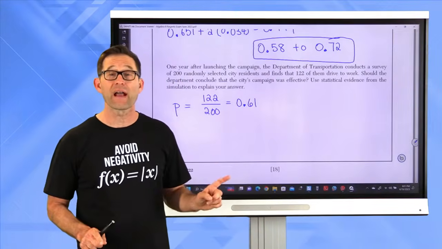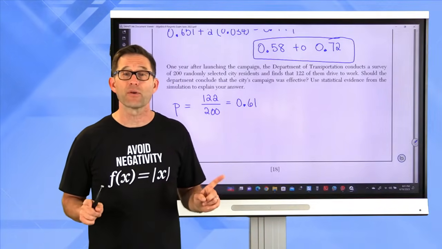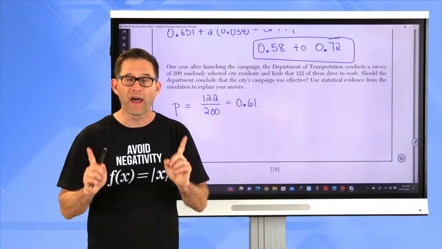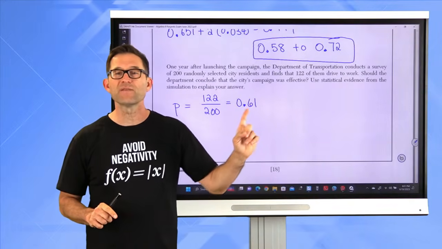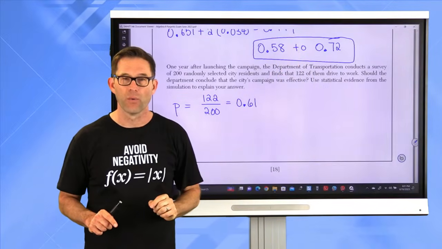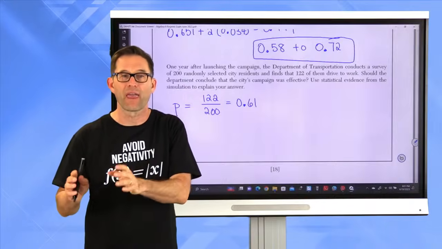So the plain fact is, even though it seems a little bit counterintuitive, we should conclude that it was not effective because this value could have happened by chance sampling alone and not due to the campaign.